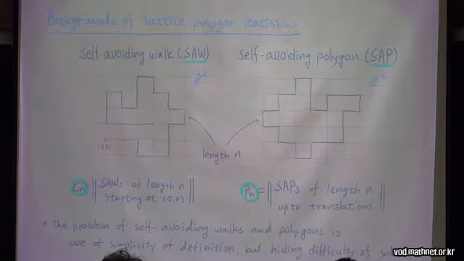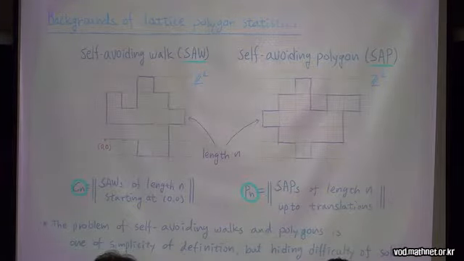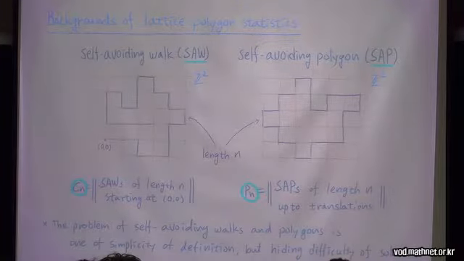A self-avoiding walk is just an arc on the lattice, and it must start at the origin. For self-avoiding polygons, we don't need to start at the origin, but if you can get one from the other by translation, then we think of them as the same.